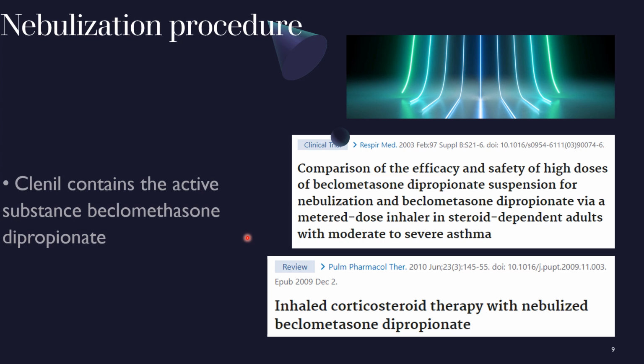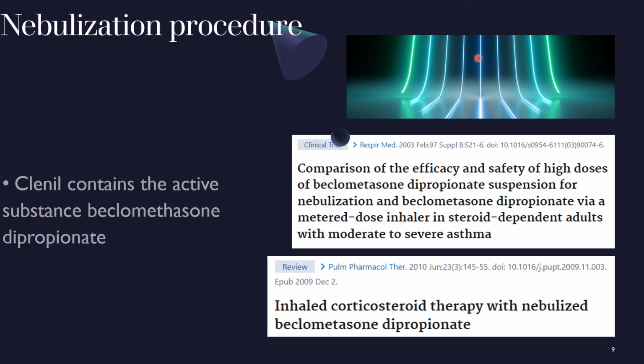And those patients who are steroid dependent, moderate to severe stable asthma, and they are using inhaler which is ineffective or they are unable to use, then you can switch them to the nebulization with Clenil compound, Clenil beclomethasone.